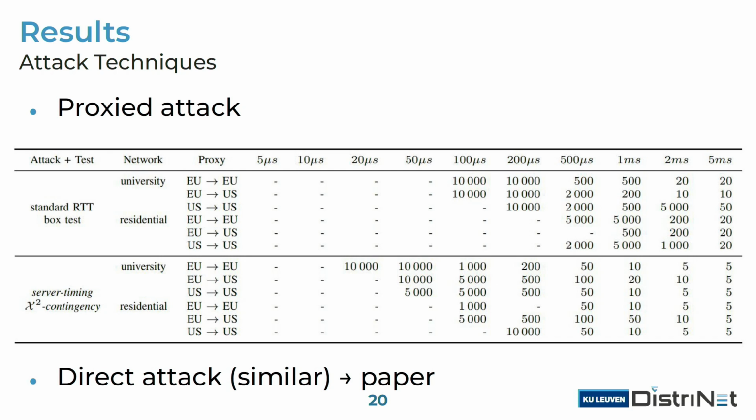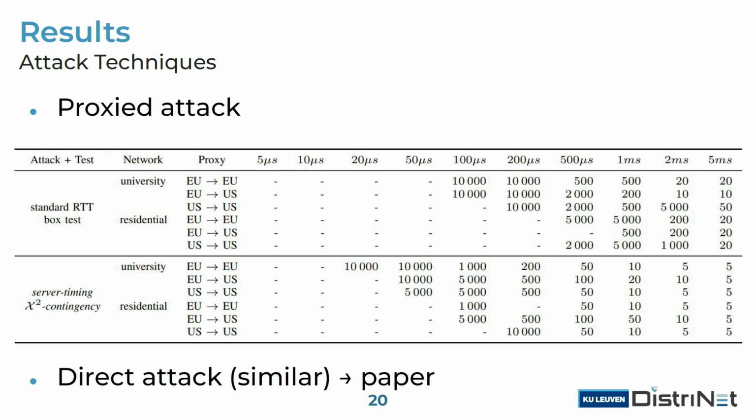And one of the things you will see is that if you compare the top half to the bottom half, the new attack needs way fewer samples. So the amount of samples you would require to differentiate two distributions is much smaller. And secondly, the timing difference that you can differentiate is also smaller.